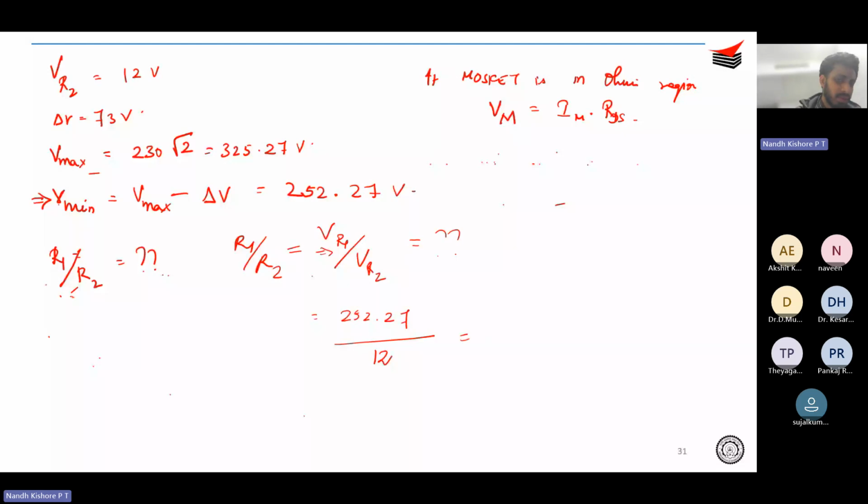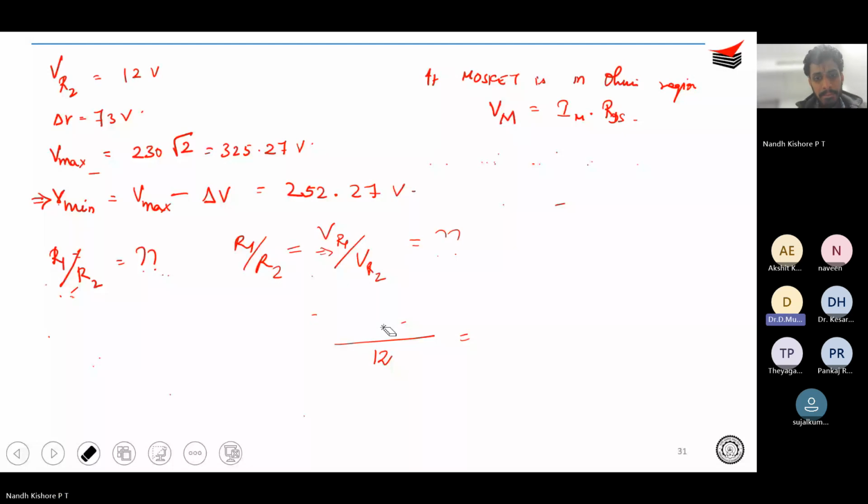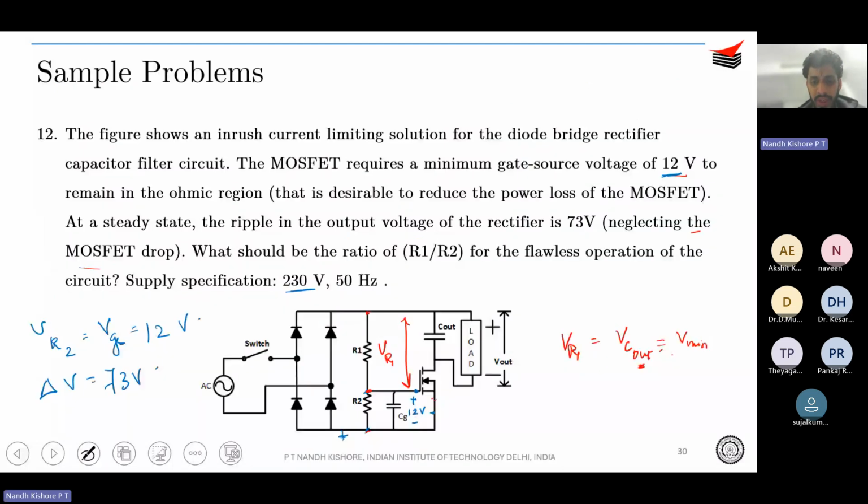So 250 divided by 12, sorry, it's not exactly 250. Just a second. Your VR1 should be equal to the total voltage minus VR2, correct? There is a small mistake over here.